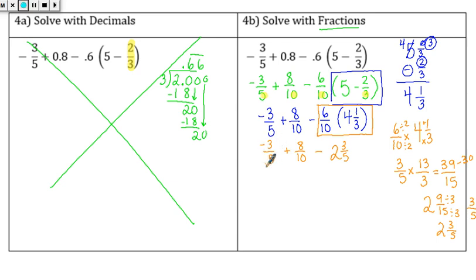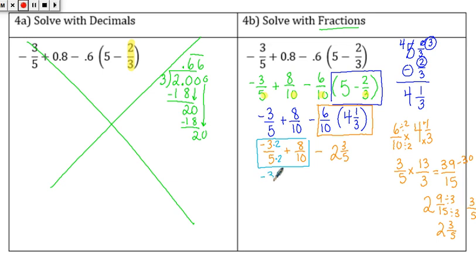At this point, I'm done with multiply and divide. I'm on to add and subtract, and I'm going to take the first add or subtract I see, which is this one. So when I go to do this, I notice that they do not have the same denominator. However, if I do 5 times 2, that would be 10. So the common denominator here is going to be 10.